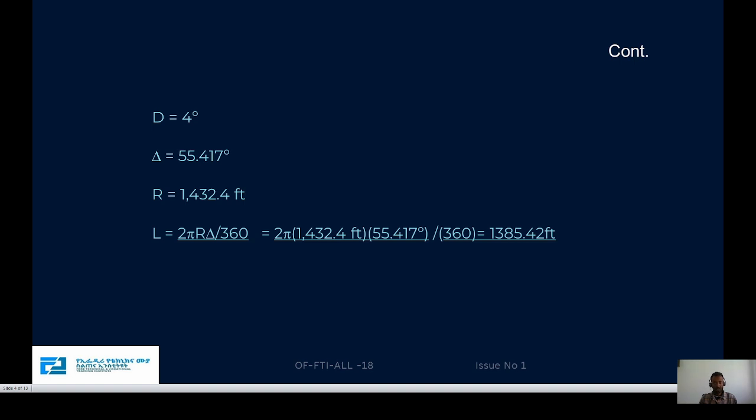The length will be 2 pi R delta over 360. So 2 times pi, which is 3.14, and the radius calculated as 1432.4, times the delta, the deflection angle of 55.417 degrees, divided by 360. The length between the point of curvature and point of tangent is 1385.42 feet.